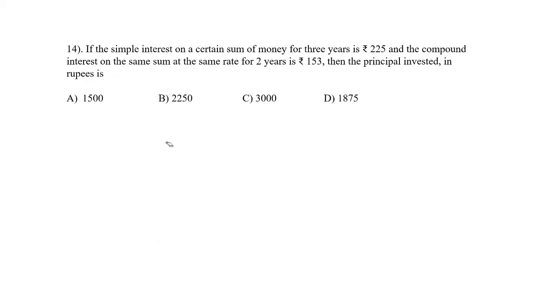Now see the 14th question. If the simple interest on a certain sum of money for 3 years is 225, and the compound interest on the same sum at the same rate for 2 years is 153. Here this is compound interest and this is simple interest.